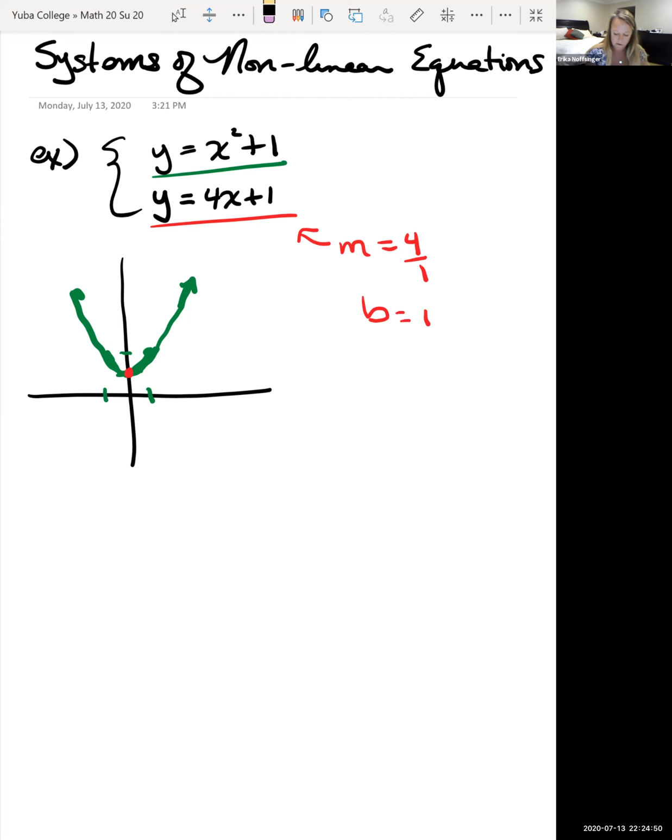And then for every rise of 4, I'm going to run over 1 to the right because it's positive. Or if I fall 4, I go 1 to the left. And so I'm going to have an equation that looks like this. My graph's not great.